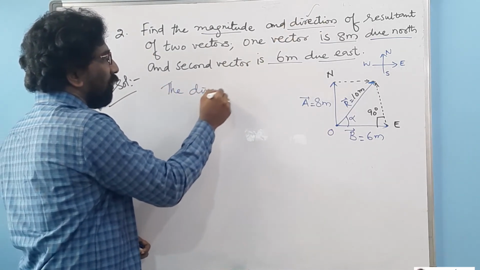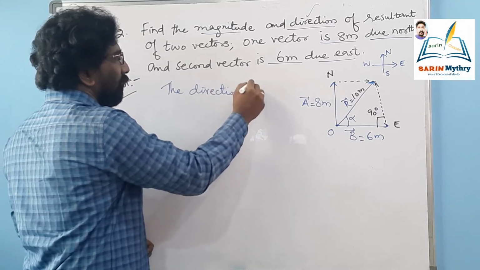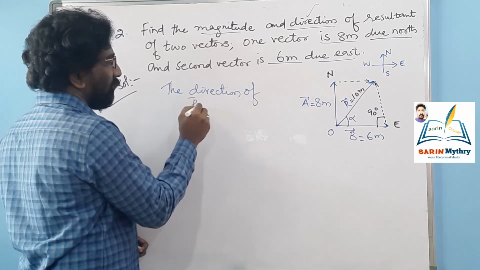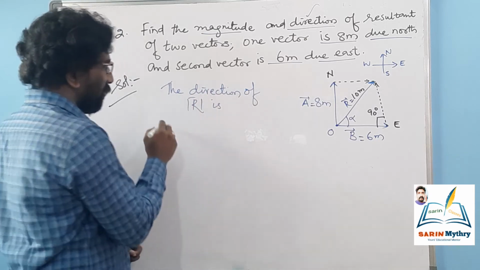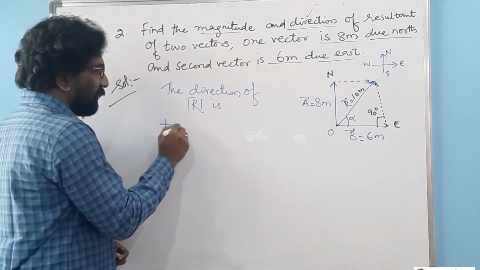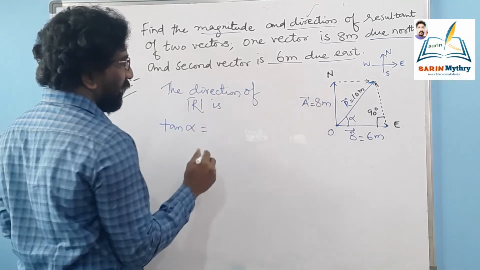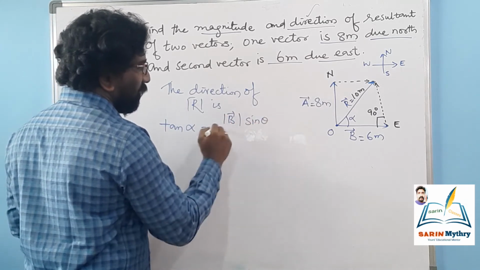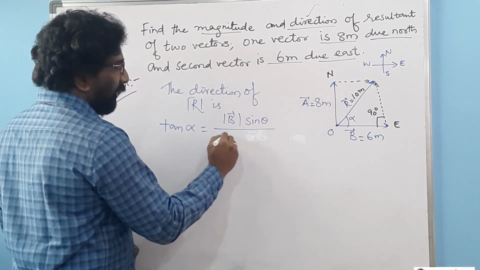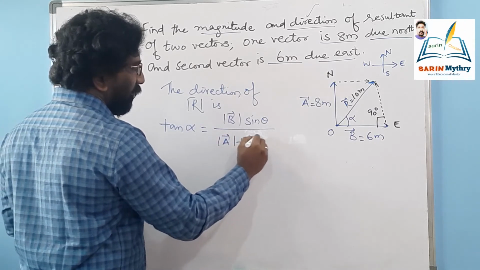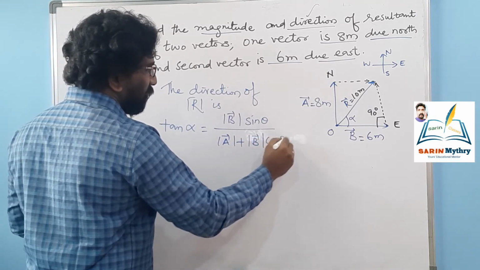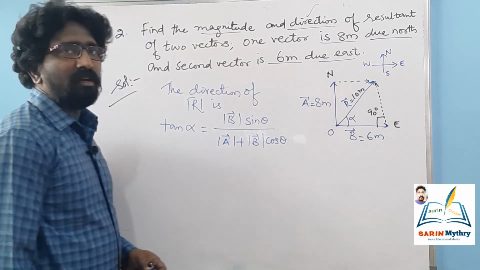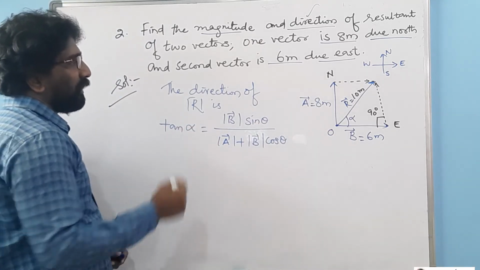The formula for the direction is tan alpha equals mod B into sine of theta over mod A plus mod B into cos of theta. This is the formula to find the angle.